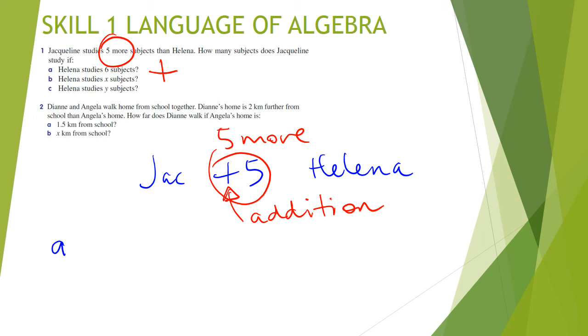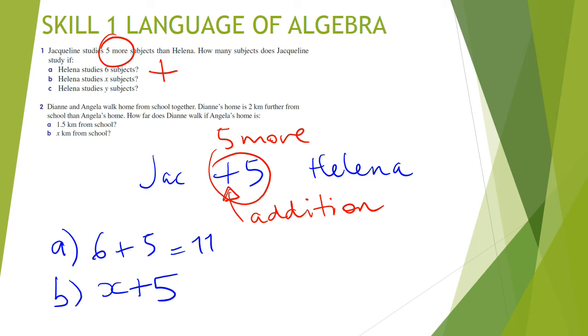So for A, if Helena studies 6 subjects, Jacqueline studies 6 plus 5, which would be 11. For B, if Helena studies X subjects, X is just a letter representing a number we don't know. So we don't know how many subjects Helena studies. All we know is that it's the letter X. And if Jacqueline is 5 more, it's X plus 5.